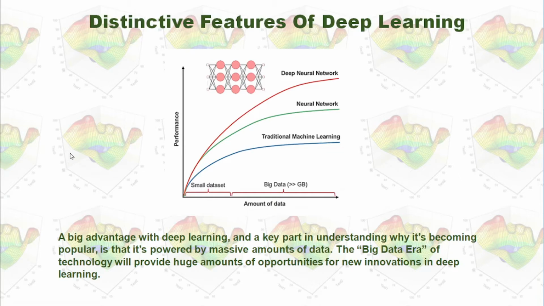A big advantage with deep learning, and a key part in understanding why it's becoming popular, is that it's powered by massive amounts of data. Let's take a look at this graph. The y-axis shows the performance, and the x-axis shows the amount of data.